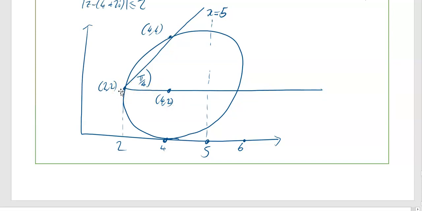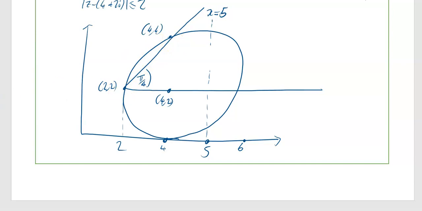And as well, the gradient is 45 degrees, or pi over 4, I should say, so the gradient is 1. So that means as I step across 2 to get to here, I'll step up 2. So if this is 4, 2, I go 2 up from it, that will get me 4, 4. So my line crosses my circle at the point 4, 4.